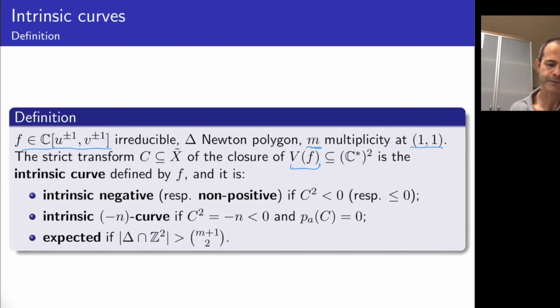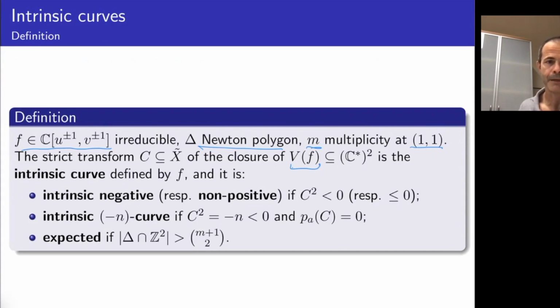So we have the toric surface and the class, but we also have a curve, which is the closure of the zero locus of f inside the torus. We call this curve, or better, the strict transform of this curve inside the blown up surface, an intrinsic curve. The reason is that in some sense we are considering this curve inside the most natural toric surface, which is the toric surface associated to its Newton polygon. Then we say that it is intrinsic negative if the self-intersection is negative, or the same for non-positive.